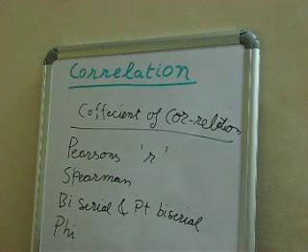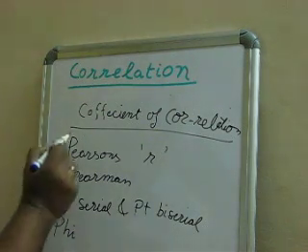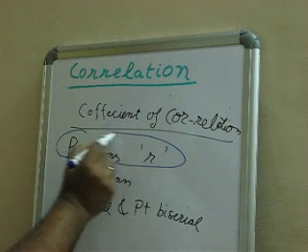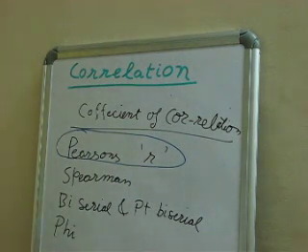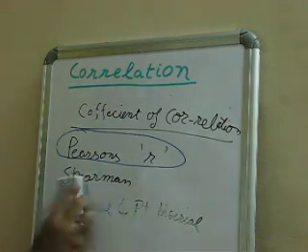Then there are two more called coefficient of contingency and tetrachoric coefficient of correlation. But in this session I am just going to use Pearson's coefficient of correlation. This is what is used in linear regression analysis.